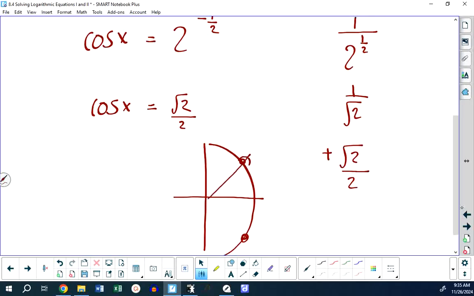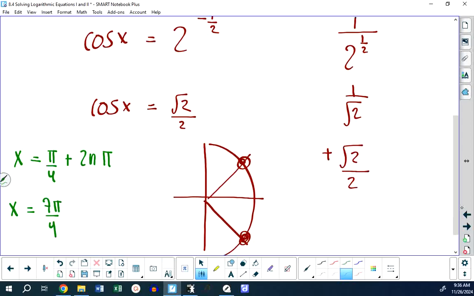These 2 positions correspond to angles, which are solutions. This didn't say find the solution to the equation in quadrant 1 or between 0 and 2 pi or anything. It just said find the solutions. So the solutions are x is equal to pi over 4 plus multiples of 2 pi, x is equal to 7 pi over 4.